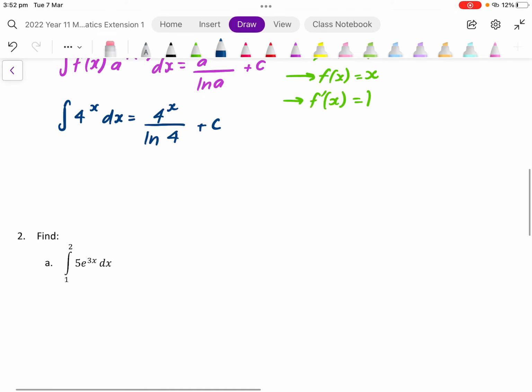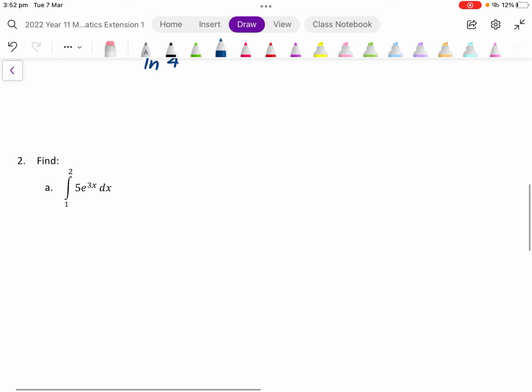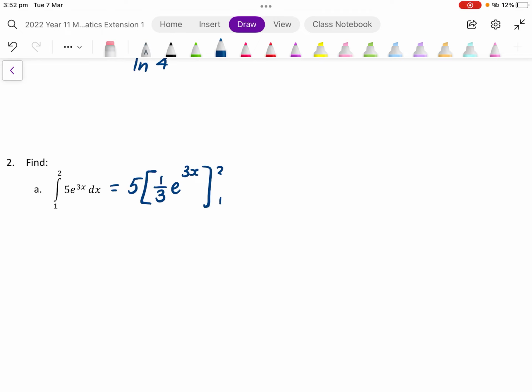Alrighty, example 2, we want to find the integral from 1 to 2 of 5e to the 3x. So what we have to do here is, again, we leave our 5 out the front and we look at our e to the power of 3x. We bring our derivative down the front, so we'll have 1 over 3 e to the 3x when we are integrating this, and we'll substitute in our 1 and our 2.